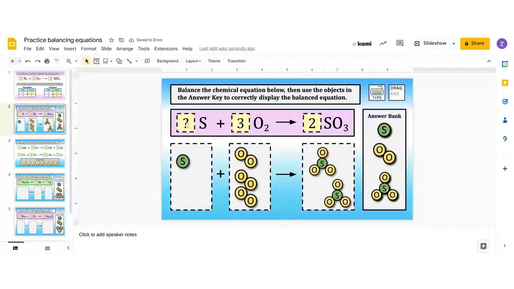And then a 1. Nope, nope. Check your sulfurs on the other side. How many sulfurs do you see? 2. So what do you got to do? You got to grab another one of those sulfurs. Now you can put a 2 there, right? Yeah. There you go.